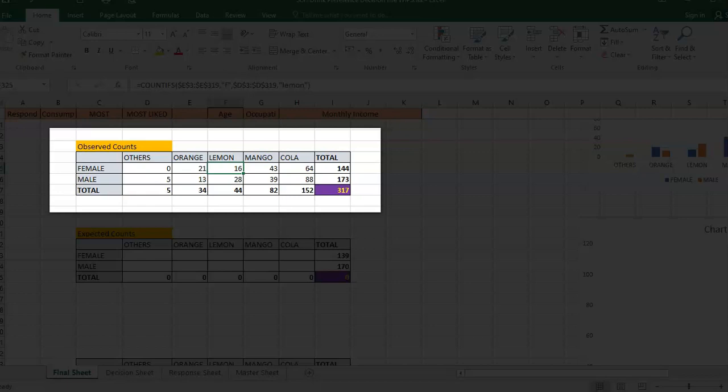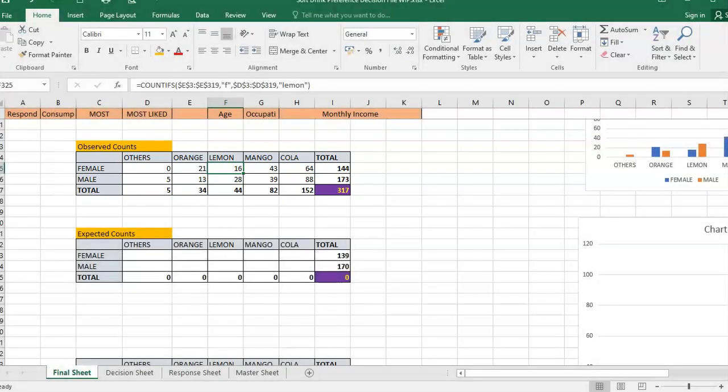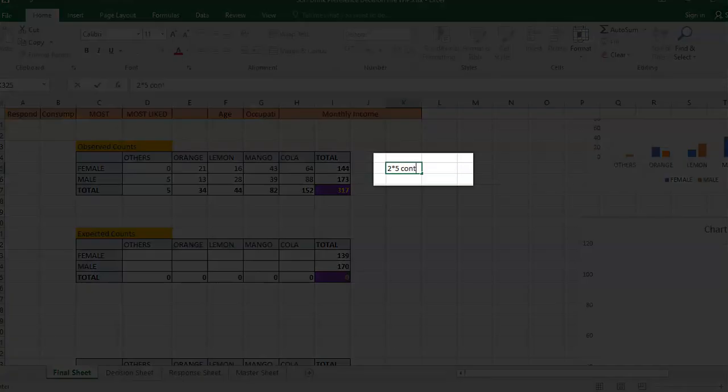This 5 means we have got 5 different columns, and 2 means we have got 2 different rows. So this table is a 2 by 5 contingency table.